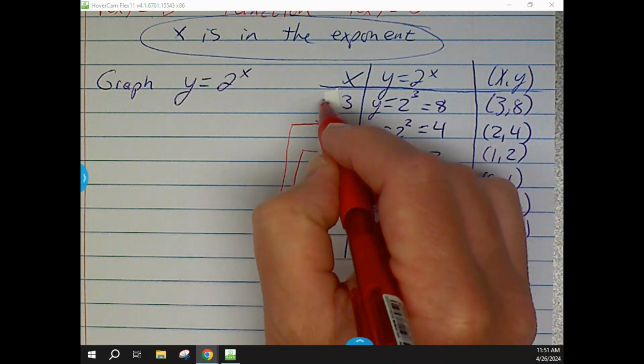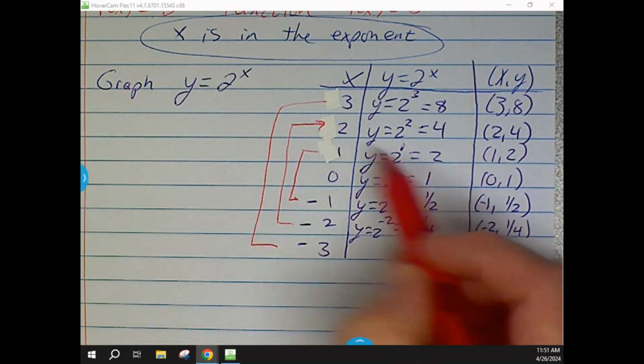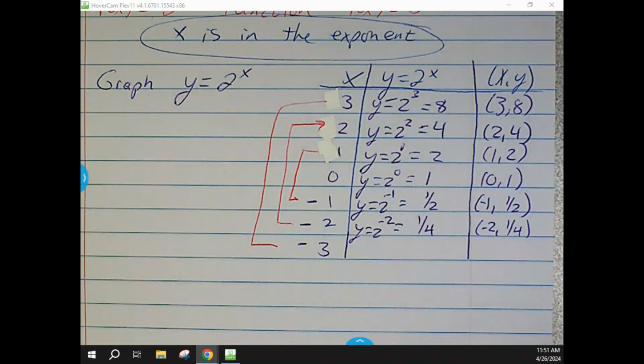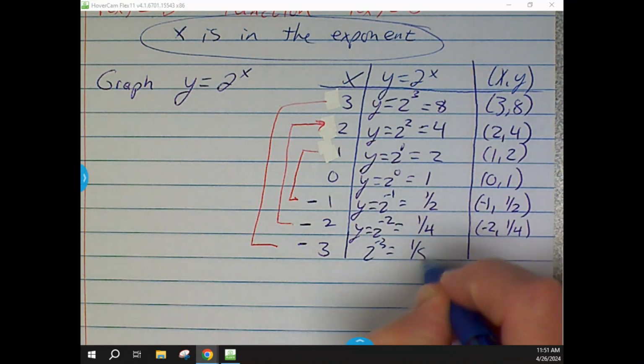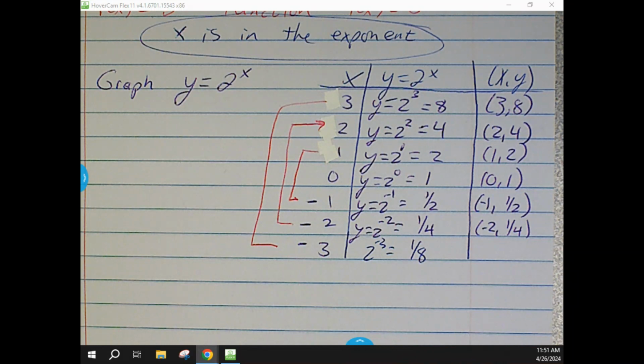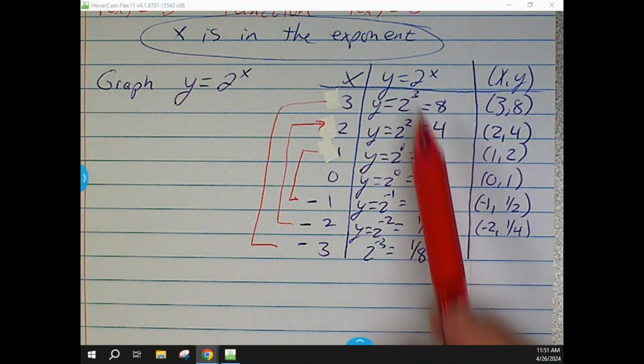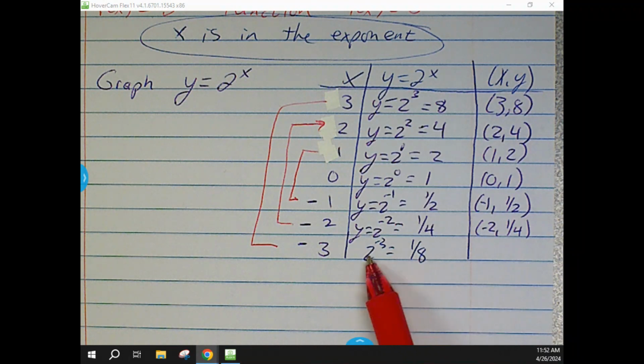So the shortcut is, if we know that 2 to the third power is 8, 2 to the negative 3 power is going to be 1 over 8. The only difference between a positive exponent and a negative exponent is that the negative exponent makes it a fraction, 1 over that answer.